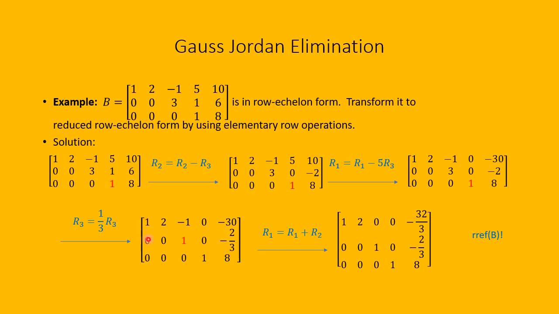1 plus 0 is 1, 2 plus 0 is 2, minus 1 plus 1 is 0, 0 plus 0 is 0, minus 30 plus minus 2/3 is minus 32/3. And now this is the reduced row echelon form of this matrix B. For this leading 1, the rest of the column is zeros.